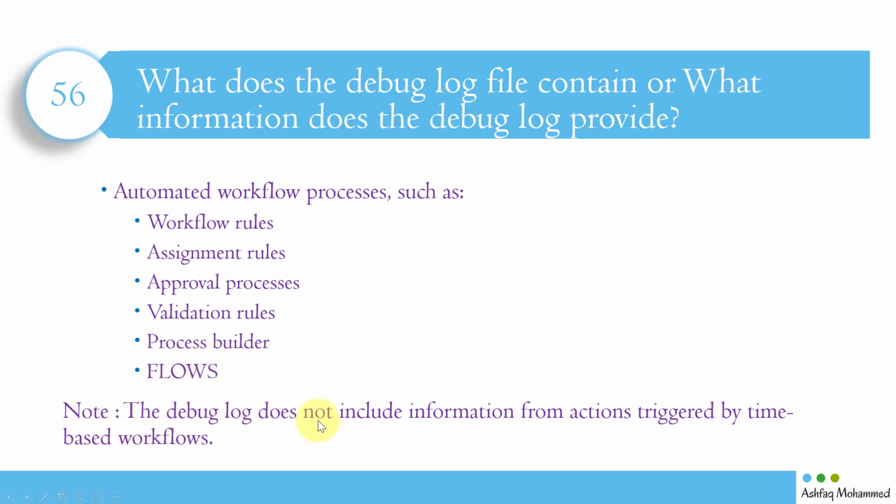Note, the debug logs do not include information from actions triggered by time dependent or time based flows or time based process builders. If you remember, we also have time dependent workflows, and I think we also have process builders for time dependent. For that, it won't be displayed here in the debug logs.